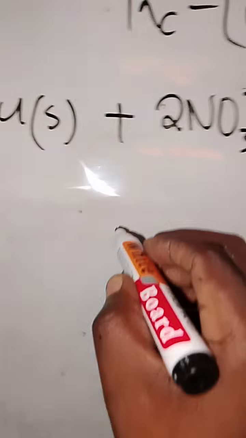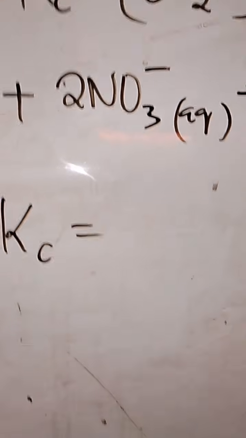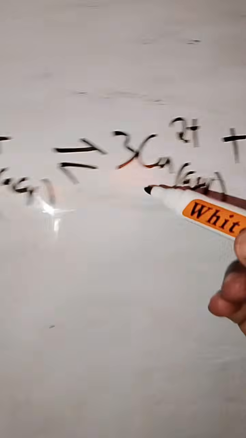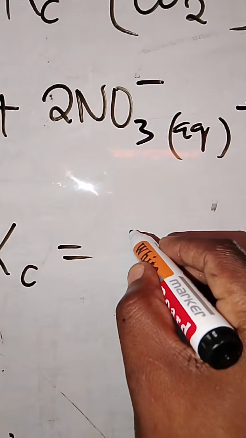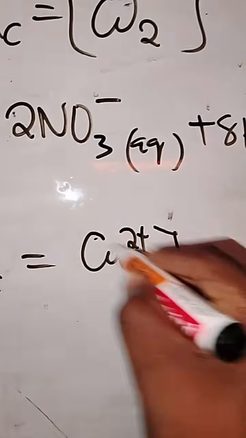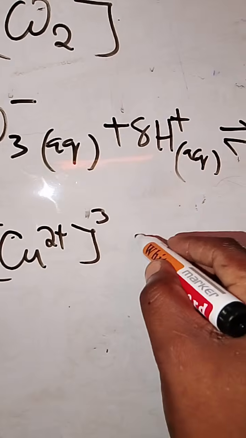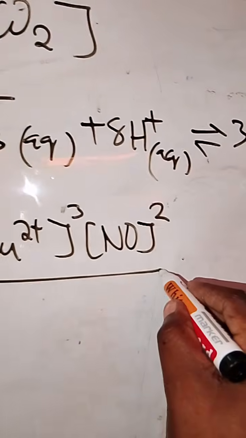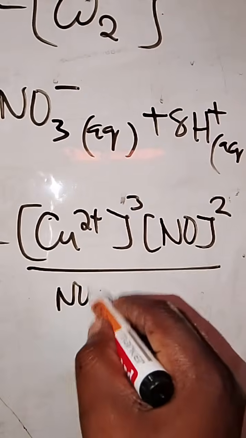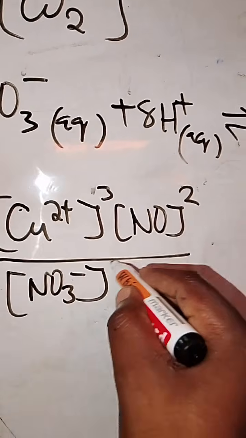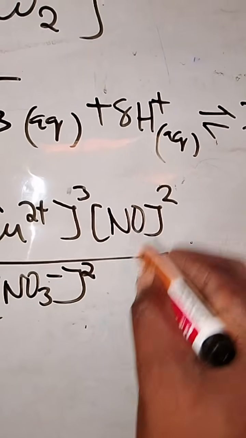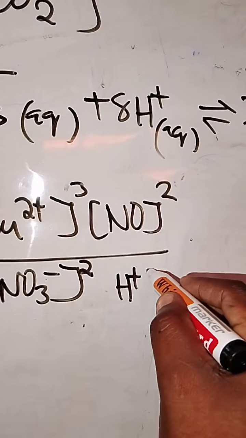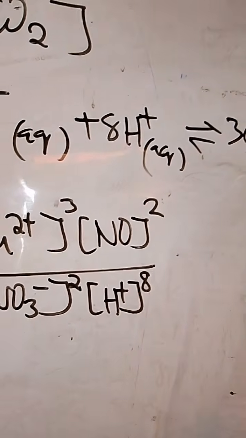Remember we omit concentrations of solids and liquids. So in this case, we omit these. So we have the concentration of copper 2 plus cubed, times NO squared, over NO3 minus squared, times the concentration of hydrogen ion to the power 8.